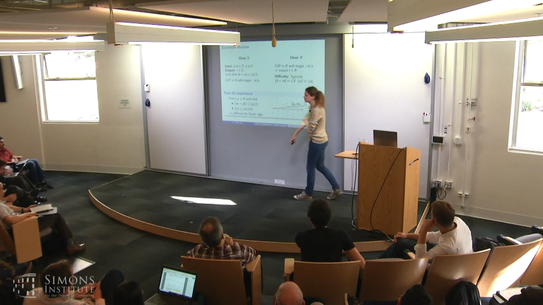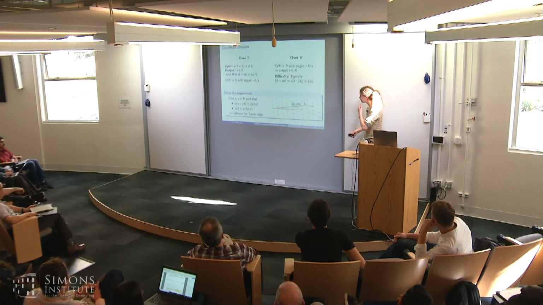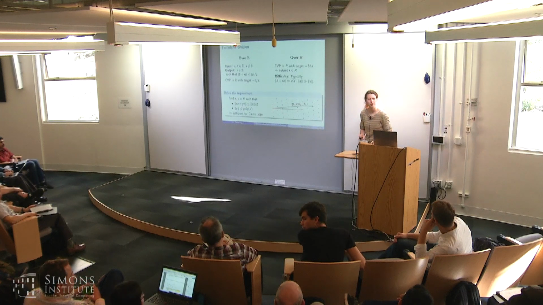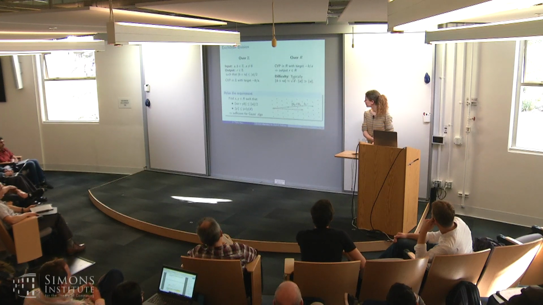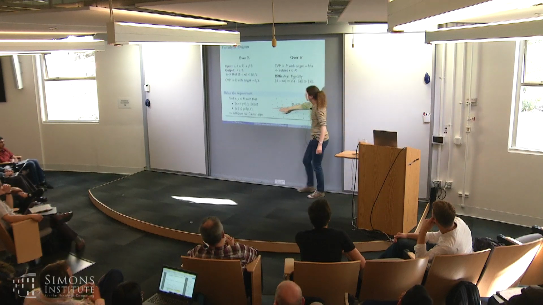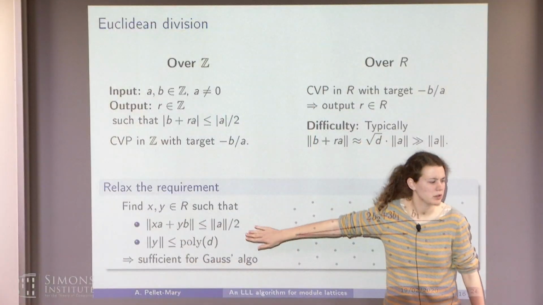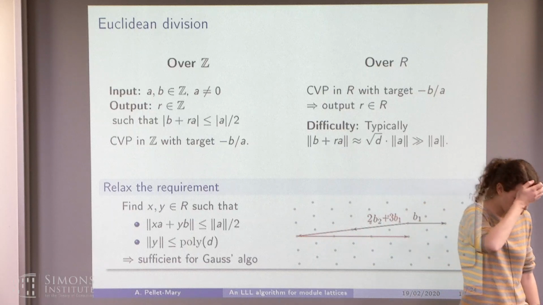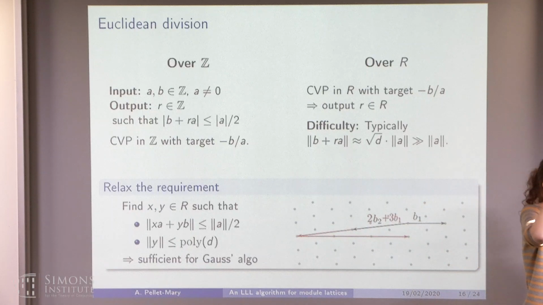Sorry. You were mentioning earlier that you could get away with a factor of 2 in the CVP approximation factor. Is that for the divided by 2 here? You want to be less than A, but could you compensate for that by allowing more choices for the y multiplier? So this A over 2 is in fact going to be much smaller in what we really do. And I'm not sure this 2 has anything to do with the approximation factor we can achieve.